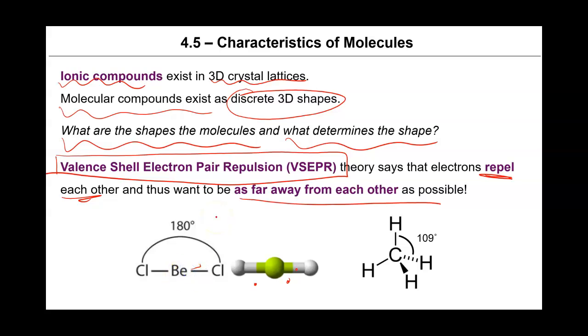So the 2 bonds in BeCl2 are at 180 degrees to each other. In methane, where we have 4 bonds, we find that the best way to keep 4 bonds out of each other's way is to have an angle of 109 degrees between them. And so you can see that as the number of atoms attached to our central atom gets larger, things start getting more crowded and the bond angle reduces as a result.